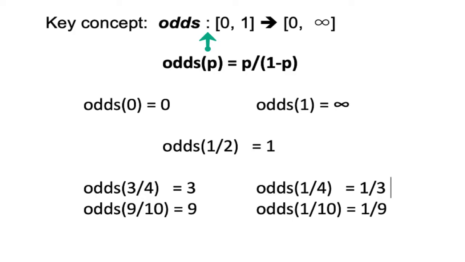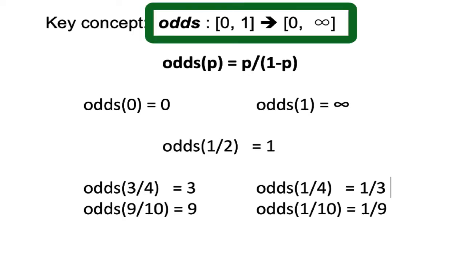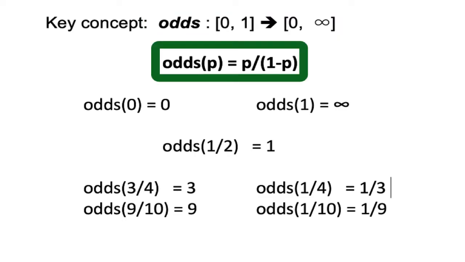So odds is a function from the set of numbers between 0 and 1, including the endpoints 0 and 1, to the set of numbers between 0 and infinity, again including the outsides, the 0 and the infinity. That's what square brackets mean in the mathematical lingo. And so it's read as "the odds is a function from the unit interval to the extended non-negative real line." It's fun to talk like that, I have to admit. And the odds function works like this. If you give me a probability p, I'll give you a number that is p divided by 1 minus p.